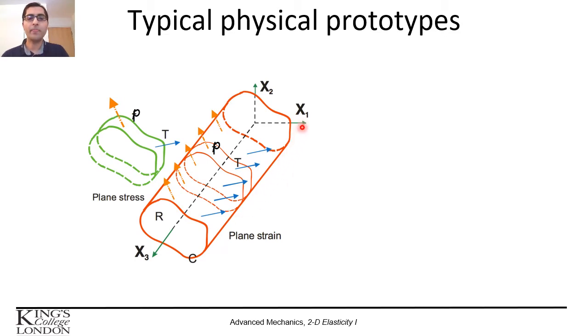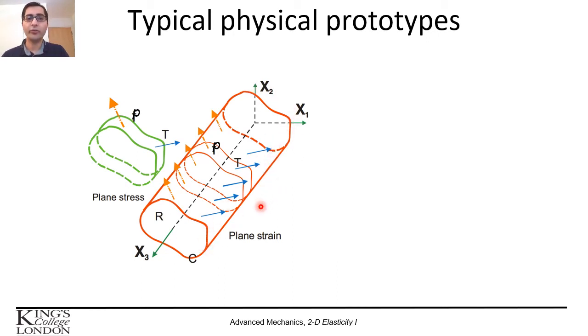But sometimes we don't have that uniform loading, but we have a very long cylindrical or extruded object with kind of uniform cross-section. Not necessarily uniform, but the object, the extruded object, is a very long one.